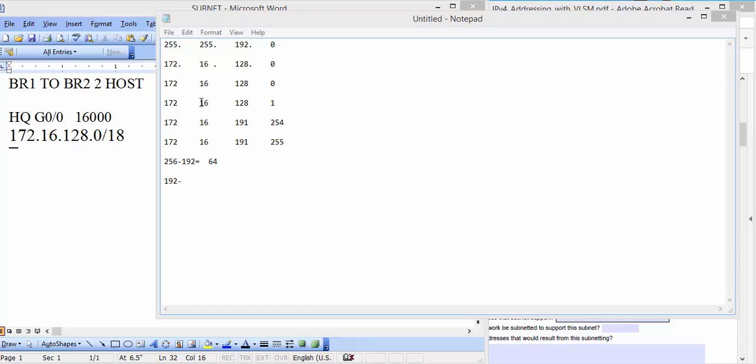So the host range is going to be 172.16.128.1 to 172.16.191.254.